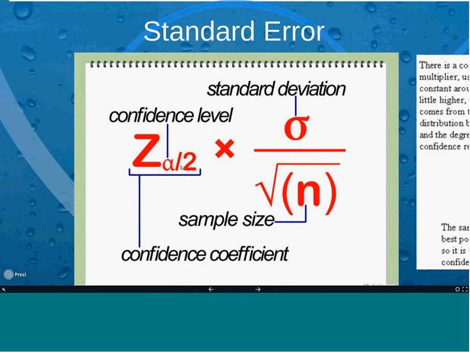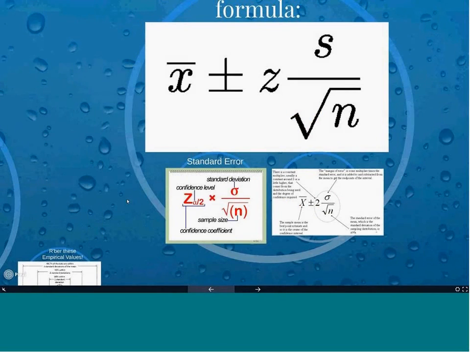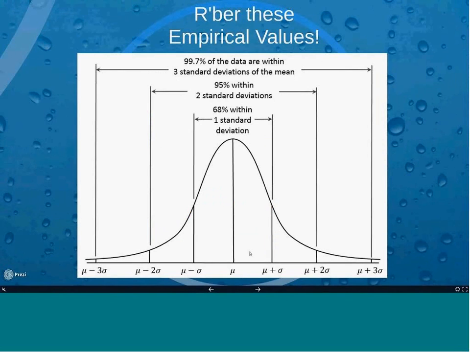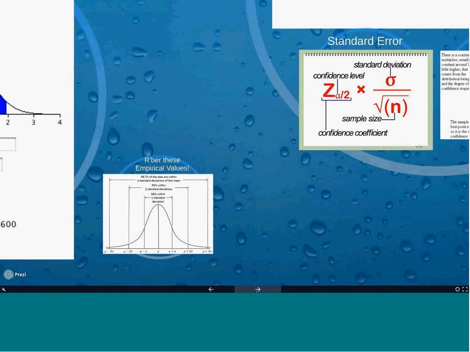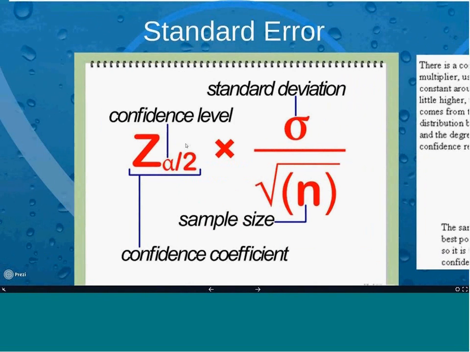Why do we need to divide by 2 again? Then you need to go back to this bell-shaped curve because we are talking about plus and minus. That means half on the right-hand side, half on the left-hand side at any one point of time. So that's why we need to divide by 2. When we talk about the 99% confidence interval, you need to divide by 2, and you need to know what the Z value is for that area.